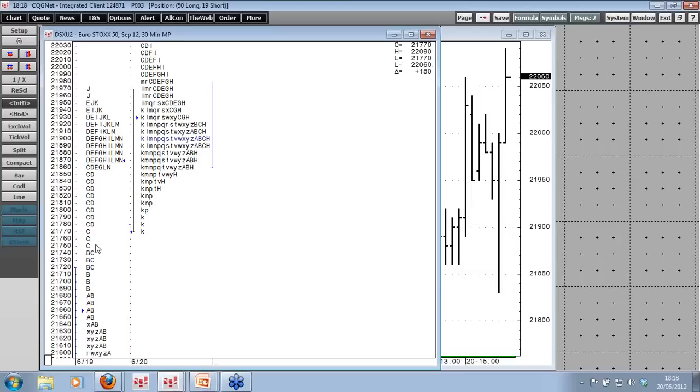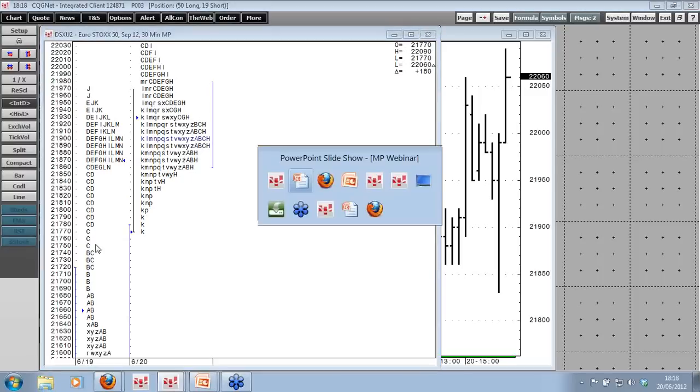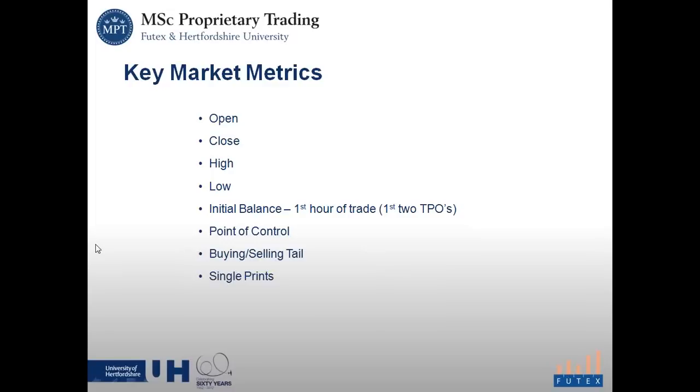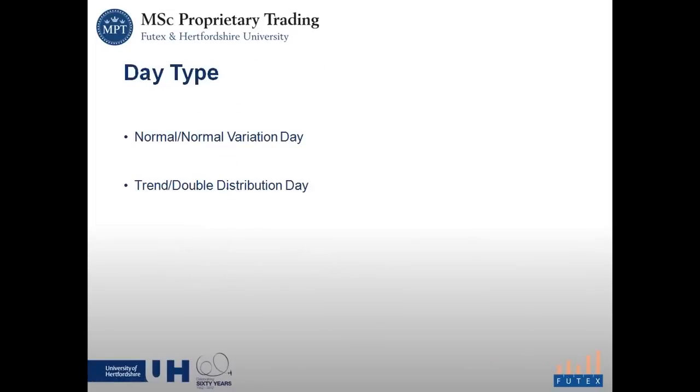Single prints are a very good signal that the market is very aggressively trying to find new fair value. It's trying to trend. And again, we can use that in real time as the day develops. So that's some key market metrics we can find from the market profile.